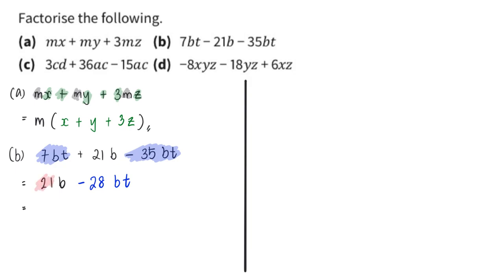then for 21 and 28, the HCF is 7, meaning I will rewrite 21 as 7 times 3. And I will rewrite 28 as 7 times 4. So that when I identify the common factor, I could do that easily.